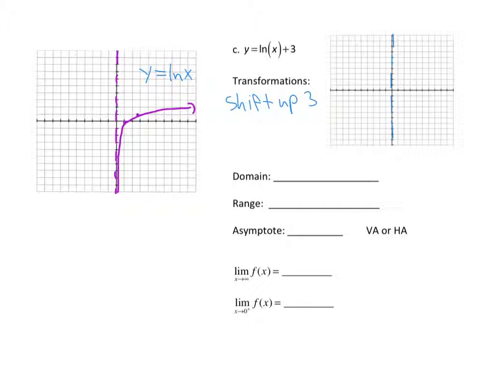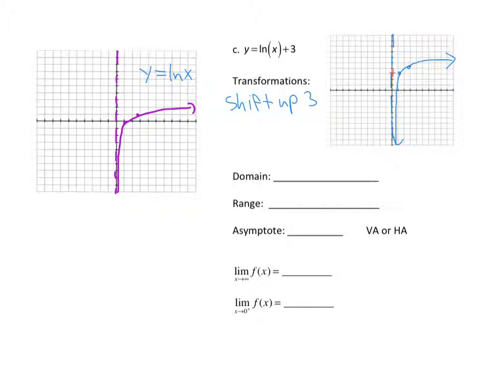So again, I like to move my starting place or my origin up 3, and I get my new starting place. From there, I make my first point to the right 1. And my second point from my starting place is to the right 2.7 and up 1. About right there. And then we just draw the same shape of the graph.